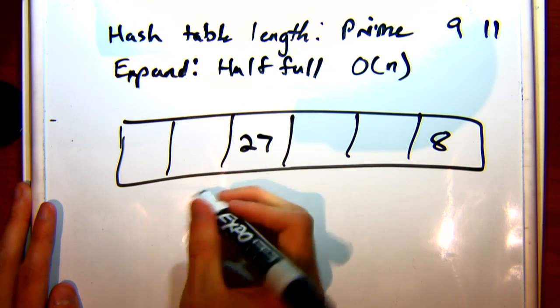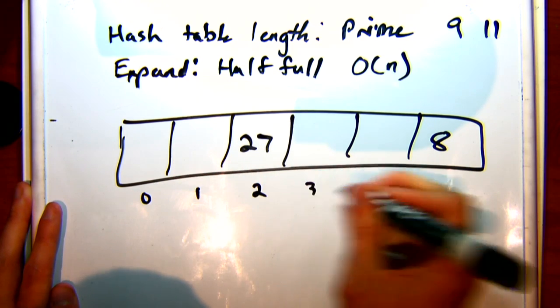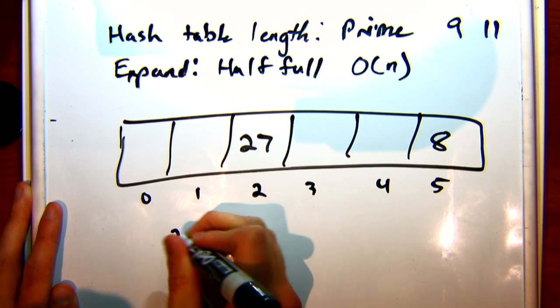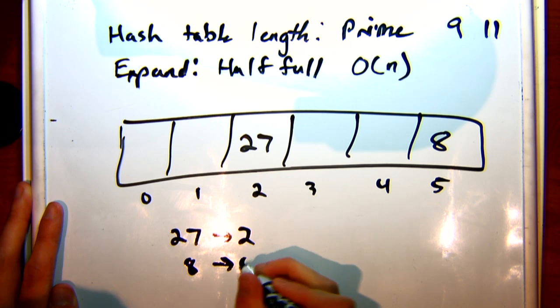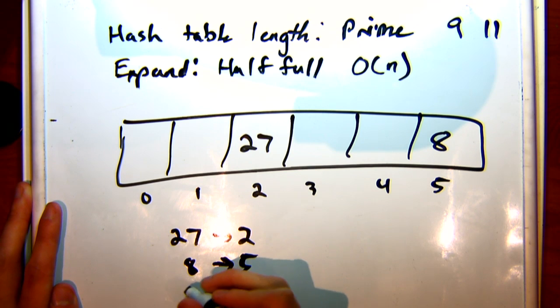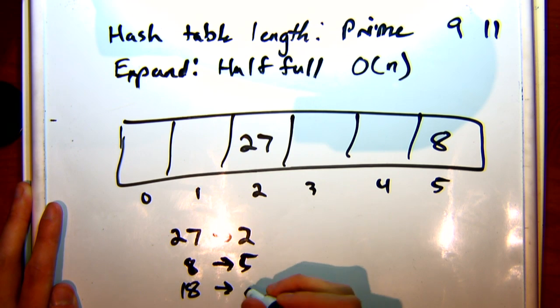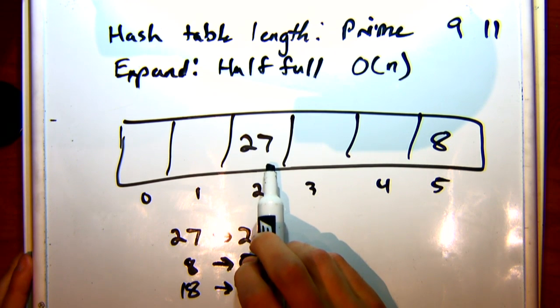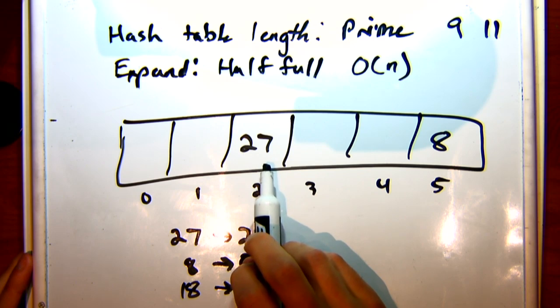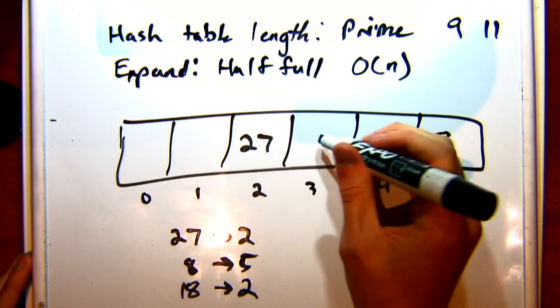So let's say 27 hashed to position 2, 8 hashed to position 5, and let's say 18 hashed to position 2 as well. So now we're going to go to 27, and we're going to use linear probing. So we're going to look at the next position, which is empty. We're going to put 18 there.